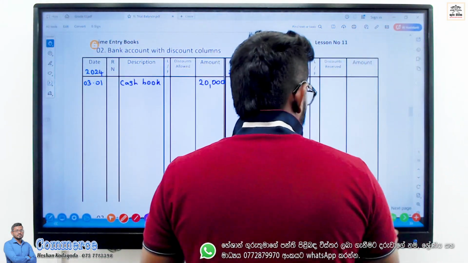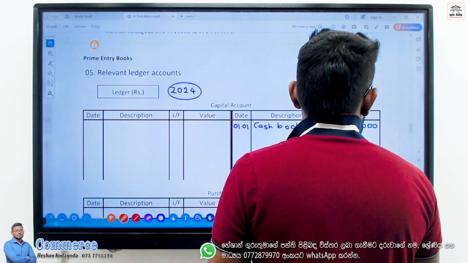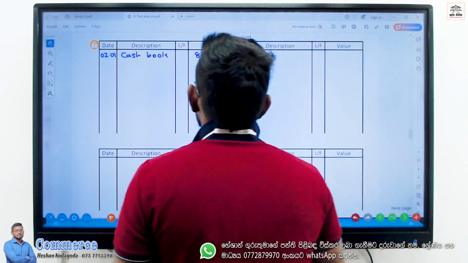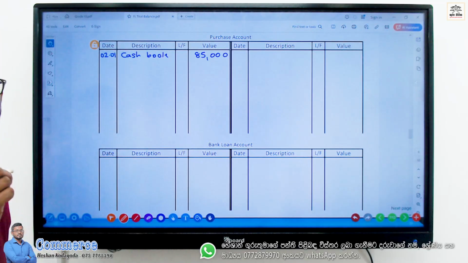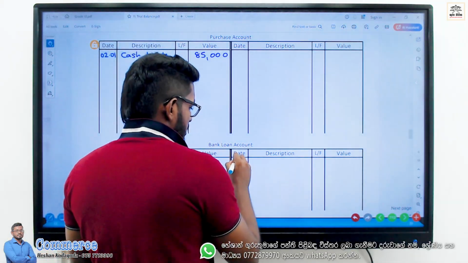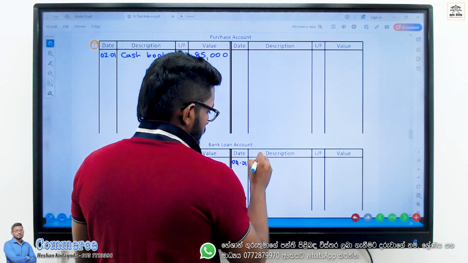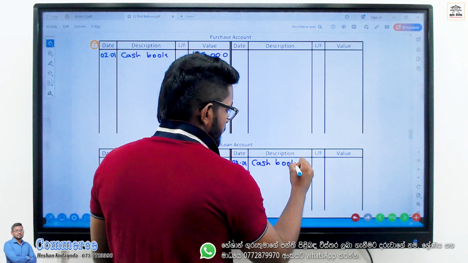So quickly go to the bank loan account in the ledger. 4th of January, right? Am I correct? Or 5th of January? 4th of January, cash book, how much? 50,000.